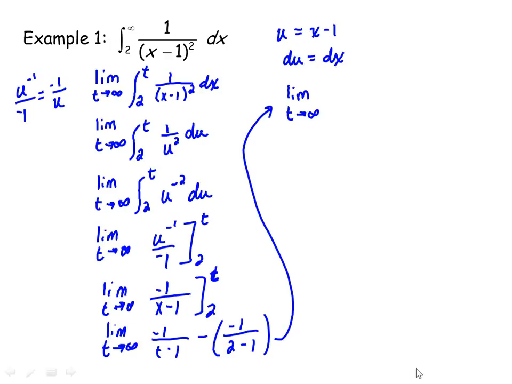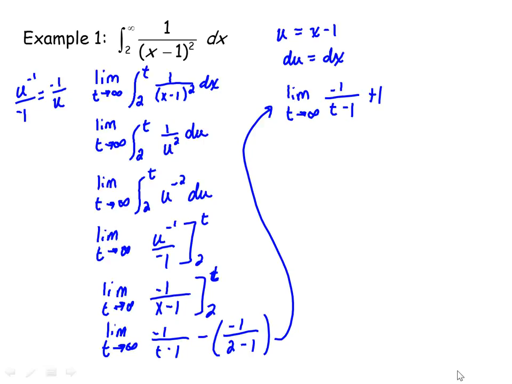Okay, can we do anything with a negative 1 over t minus 1? No. What about negative 1 over 2 minus 1? What is that? Well, what's 2 minus 1? 1. Negative 1 over 1 is what? Negative 1, but you have negative at front, so what does that turn into?